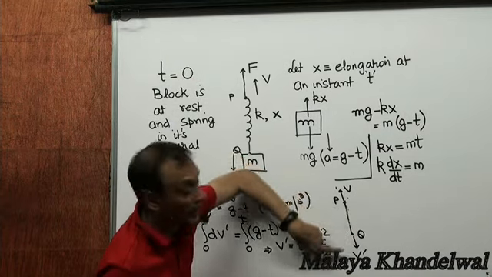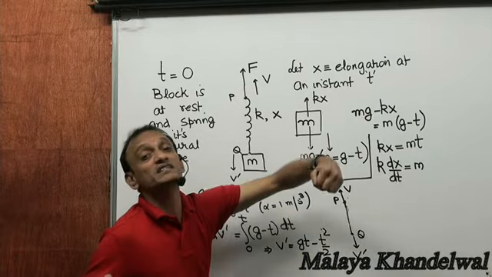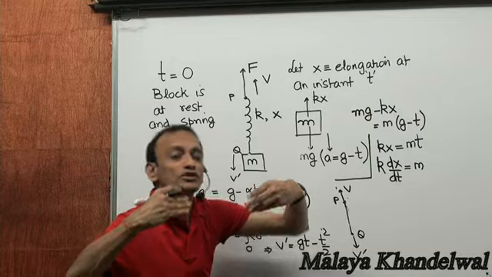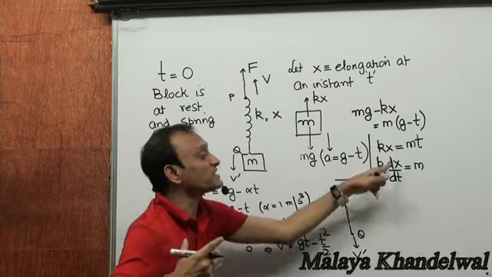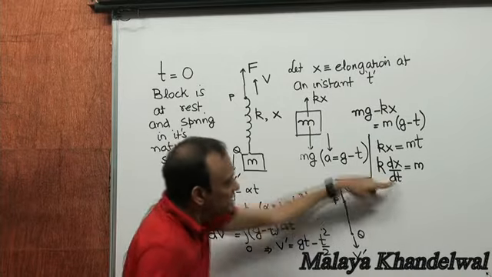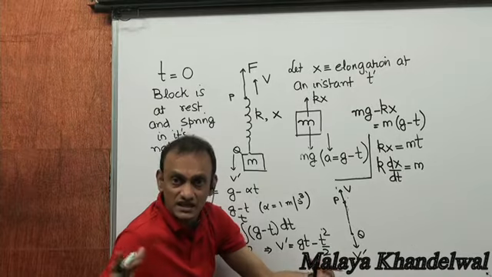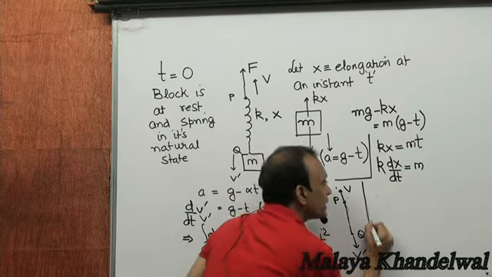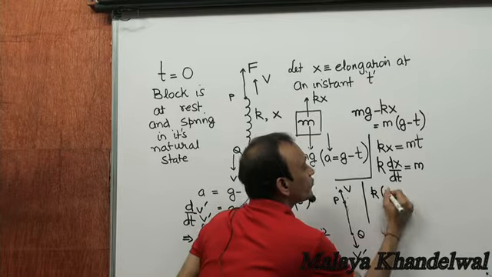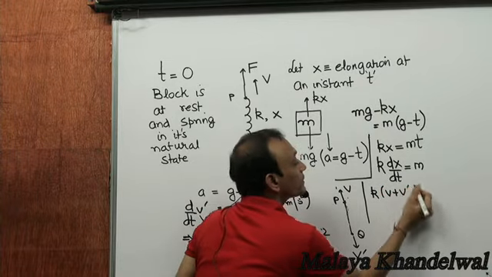V plus V prime. And V plus V prime is clearly a measure of the rate at which elongation x changes with time. So dx/dt is V plus V prime. So I end up getting k (V plus V prime) equal to m.